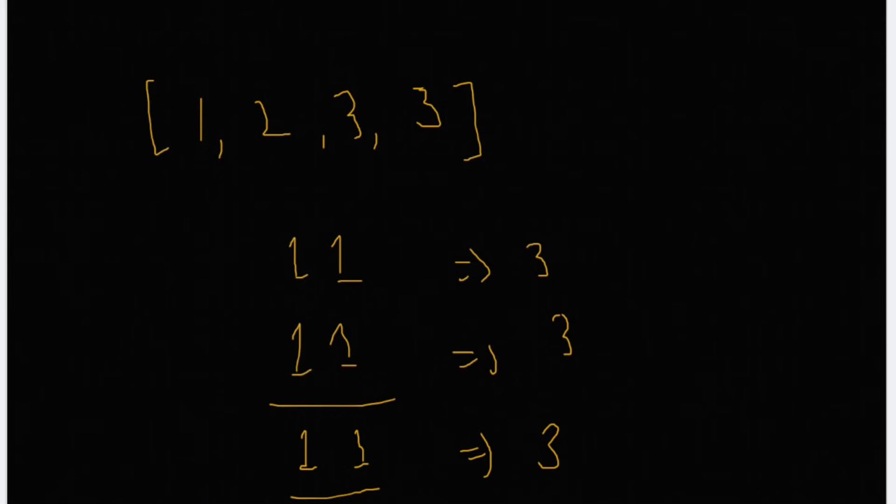So the intuition is that I need to form a subarray which consists of all of my maximum elements in a given array. In this array I can form a subarray of these two elements. So my answer would be the length of this very subarray, which will be 2.